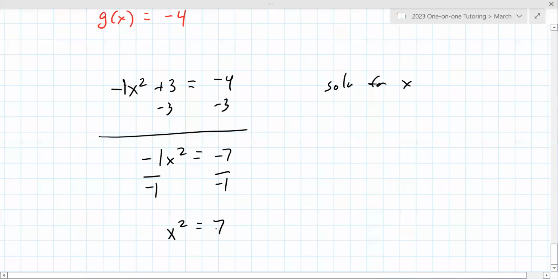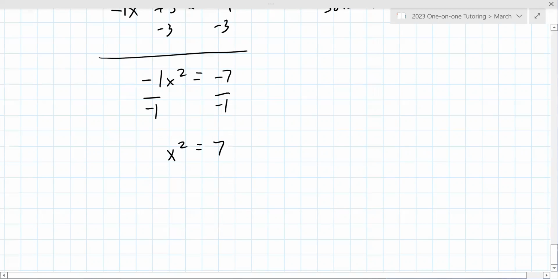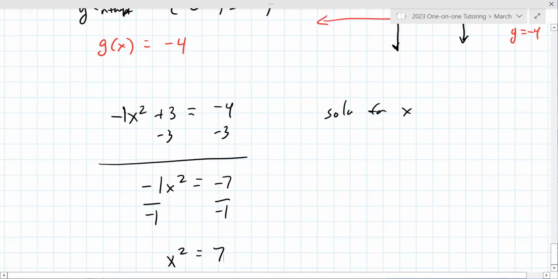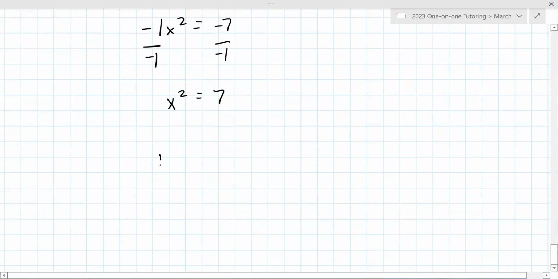Okay, so how do you solve from here? You square root it. Both of them. Plus or minus square root of 7. Do you know the square root of 7? There is none, right?